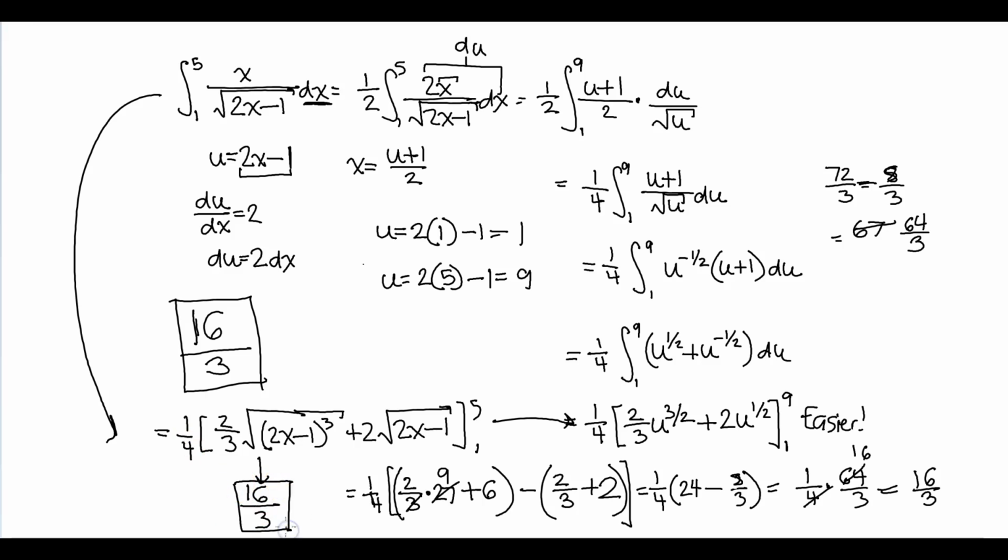So it doesn't matter if you convert the limits of integration, but be careful that if you do, you have to stick with it. You don't want to convert back to x if you've already changed the limits of integration. You have to change the limit of integration if you're going to stay in u. So pick a lane and stay in it.